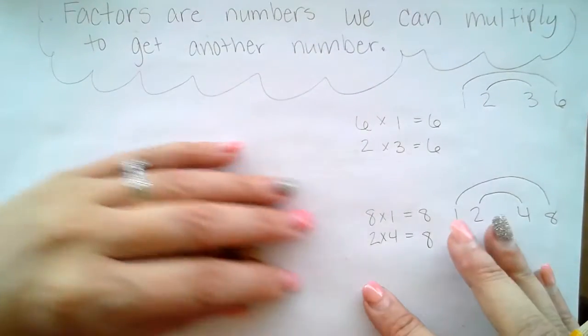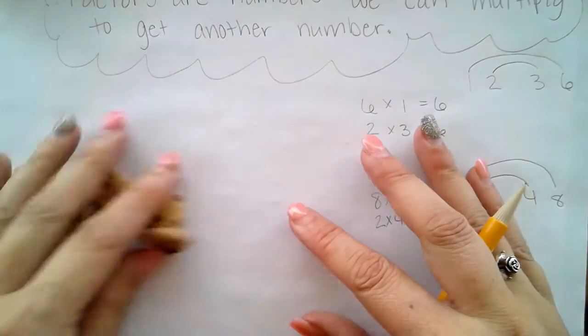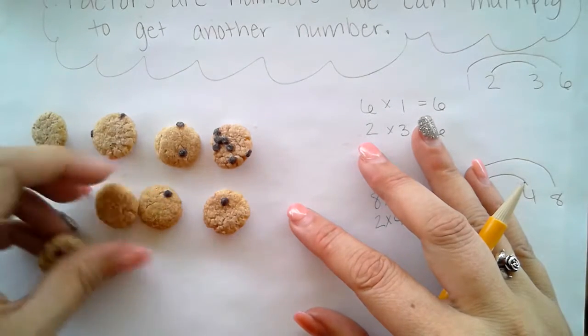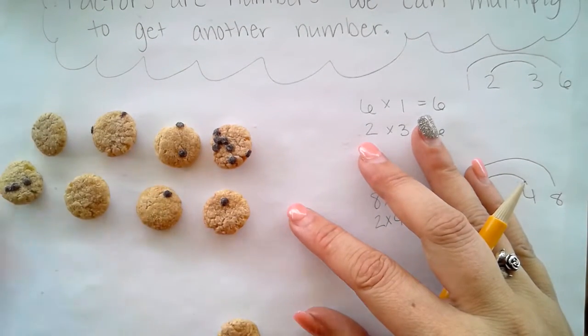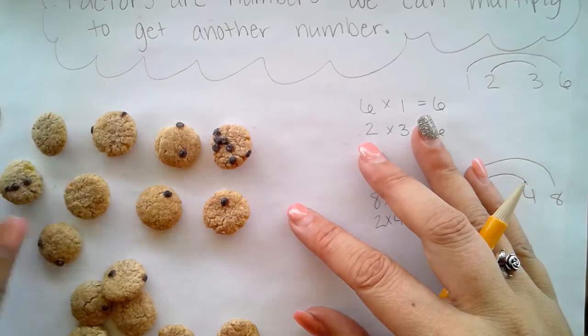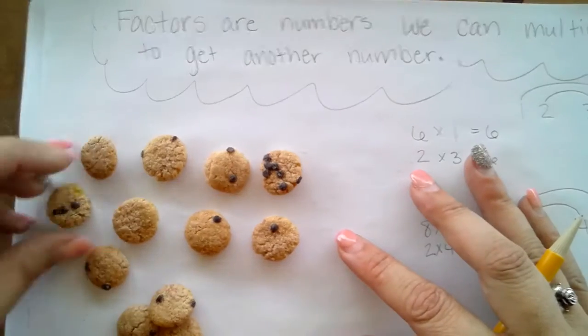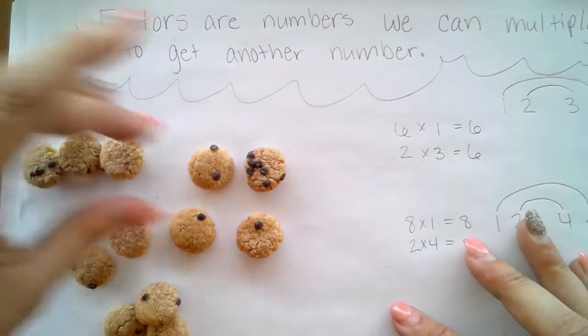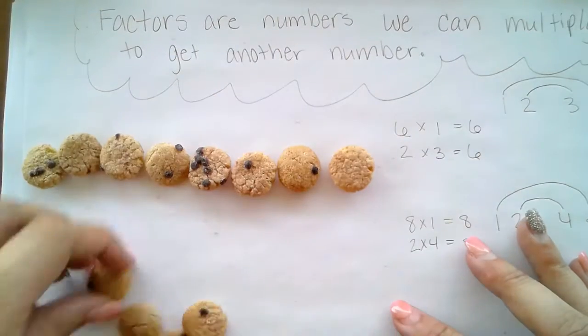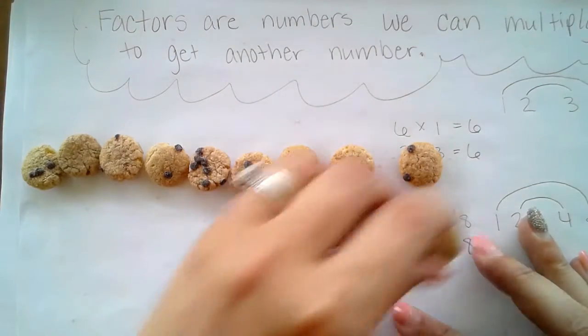Okay? Let's try a bigger number. Let's try 15. So I have 8, 9, 10, 11, 12, 13, 14, 15. So I know, and this one may be a really long one across my paper, I know that all numbers can be multiplied by 1, and we've talked about that.